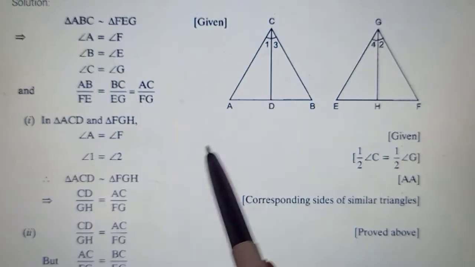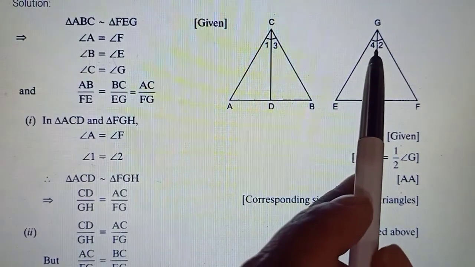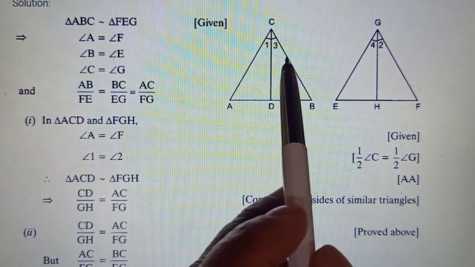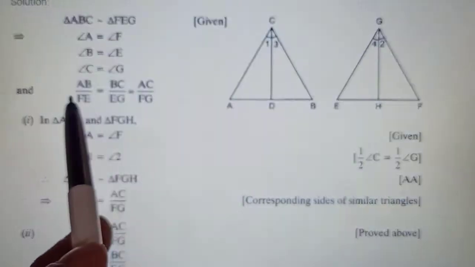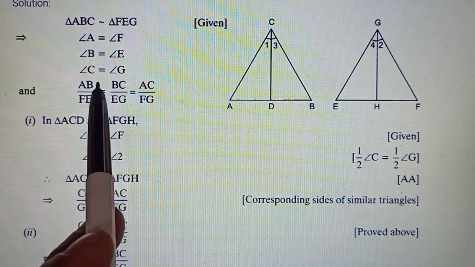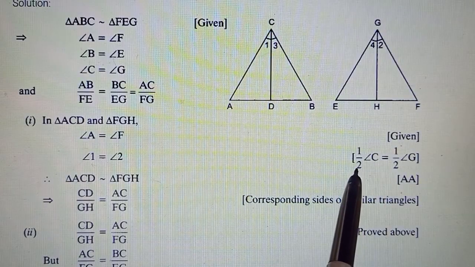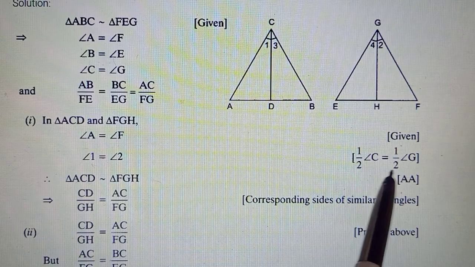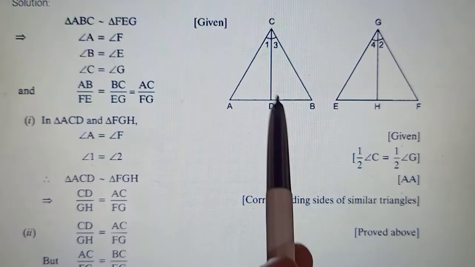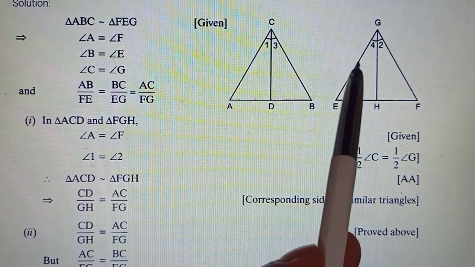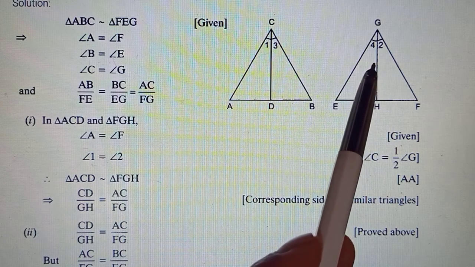So anyways, here we would say angle 1 is equal to angle 2. See, this whole angle was equal to this whole angle. ये हमने बोला था. तो अगर both angles are equal, their halves or the angle obtained on bisecting are also going to be equal. Okay, so that is why this condition, that angle 1 is equal to angle 2. That's up to you how you want to write.